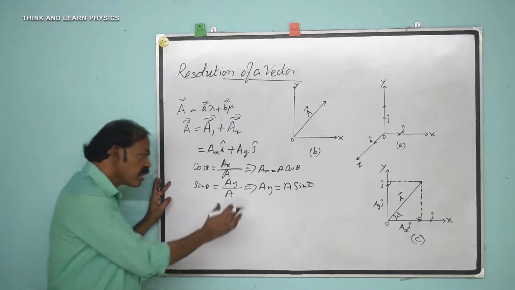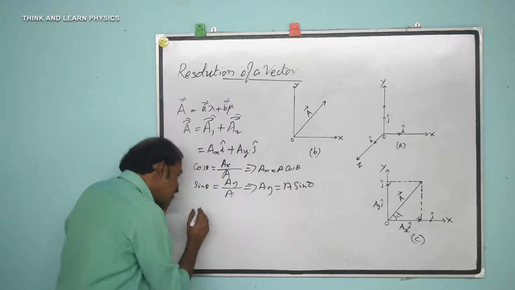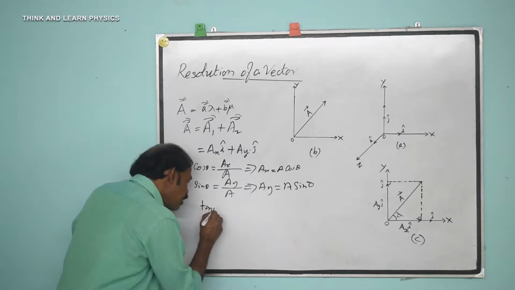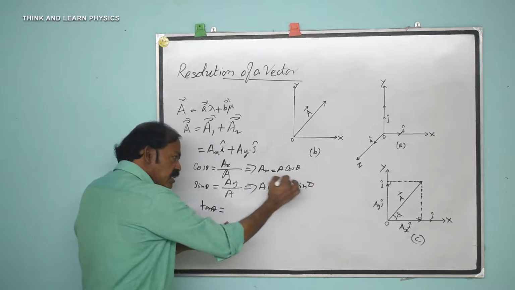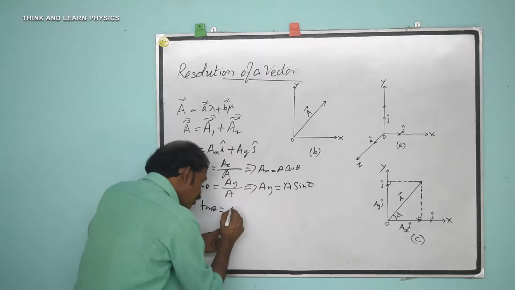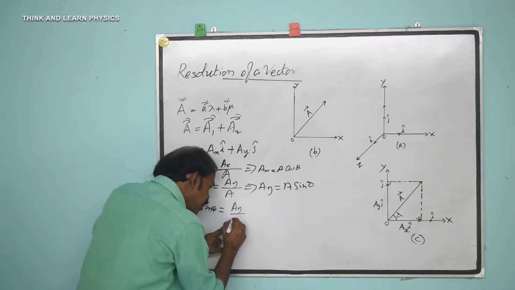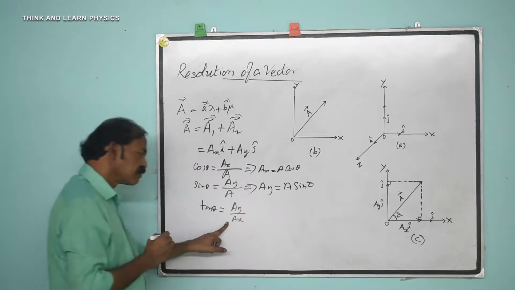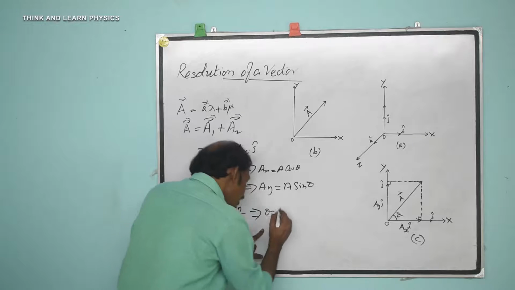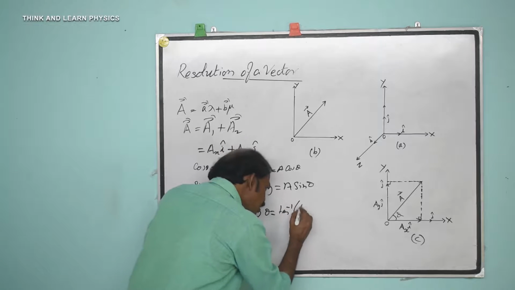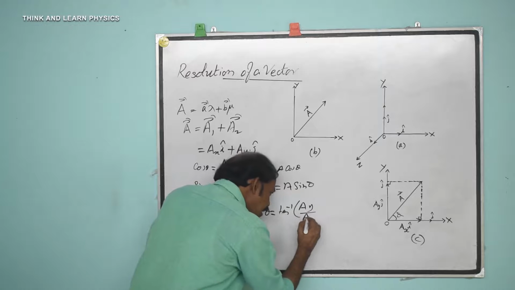And also by dividing this with this we get tan theta equals A sin theta by A cos theta, or it is equal to Ay divided by Ax, or this implies that theta equals tan inverse of Ay by Ax.